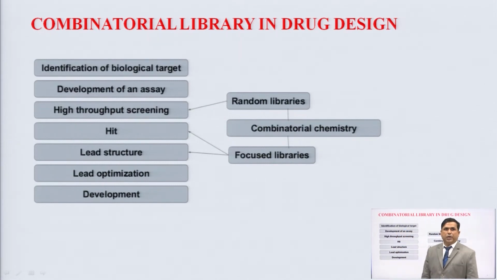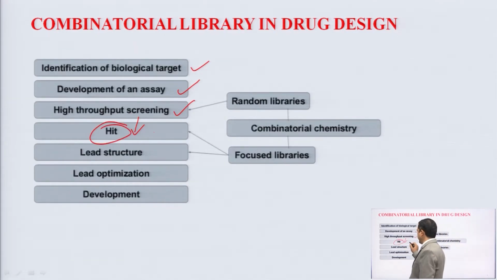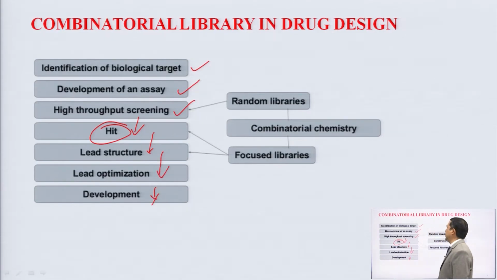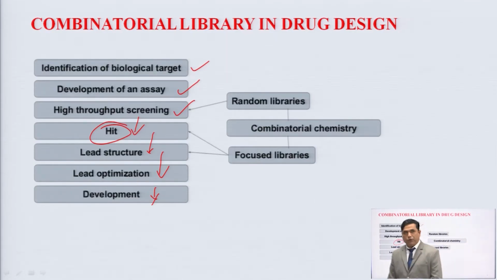Now, in combinatorial chemistry, in drug design, the first thing is identification of the drug target and development of the assay, high throughput screening. From this high throughput screening, we will get the hit compound, and this hit may be converted into the lead structure, followed by lead optimization and development of a new candidate. Here I have already discussed random libraries and focused libraries.